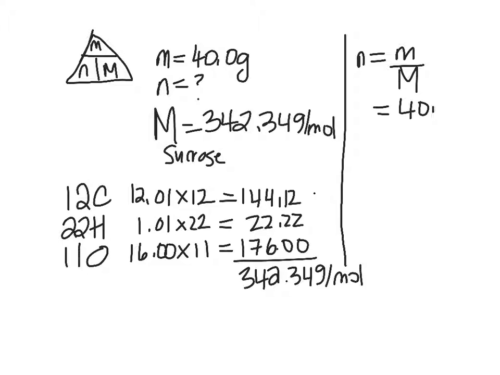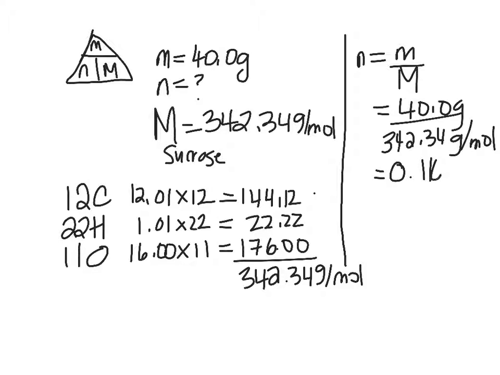So it's 40 grams divided by 342.34 grams per mole. 0.11684 moles.